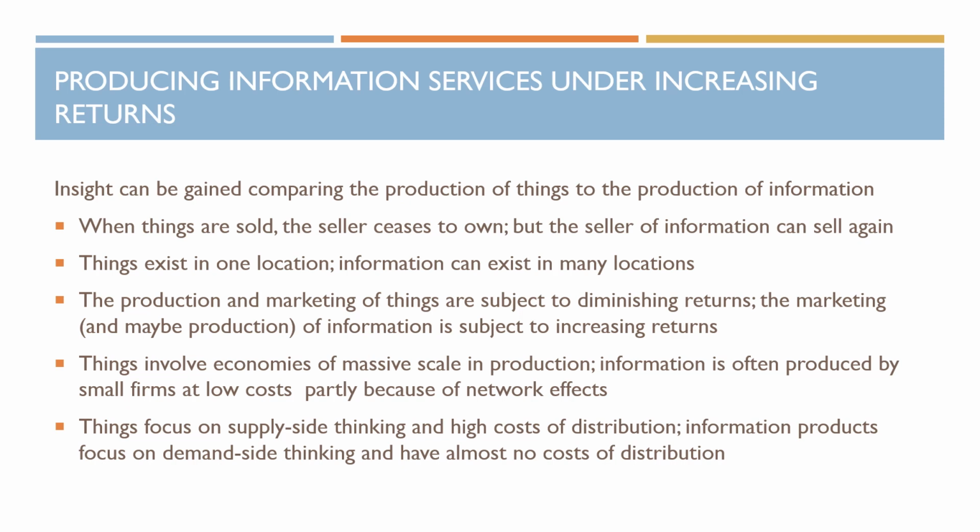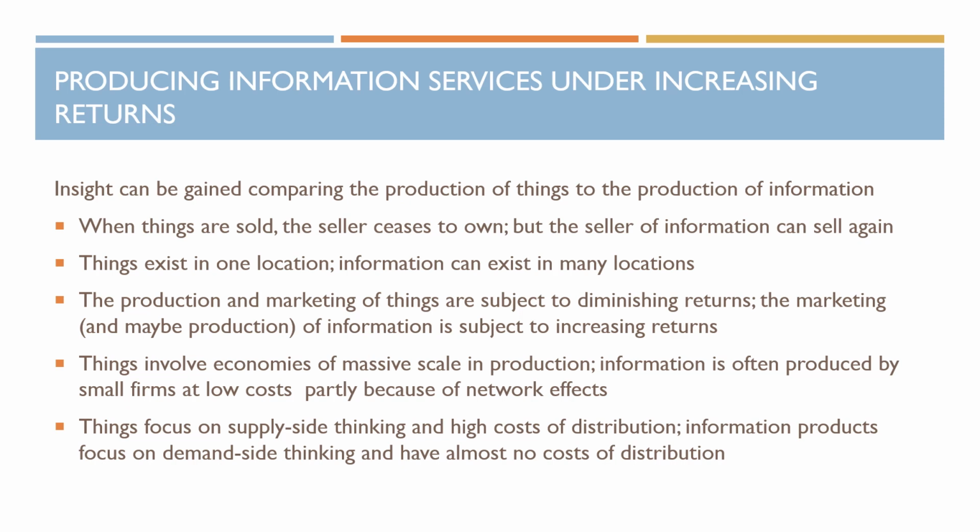It's always relevant to other people. Things exist in one location and information can exist in many locations, right? Physical products can only be sold in a physical location, whereas information can float across many different channels or platforms.